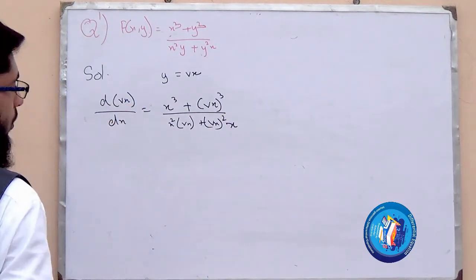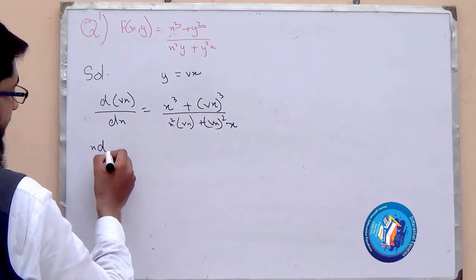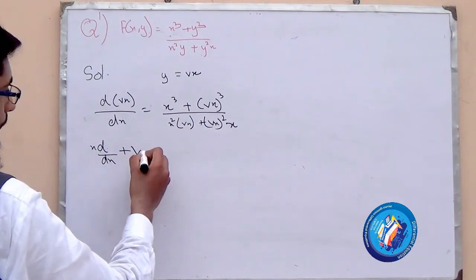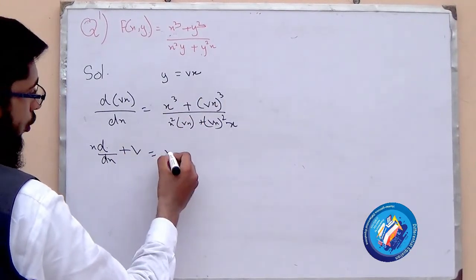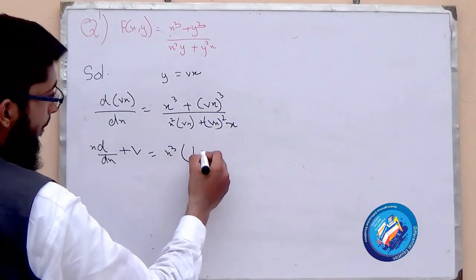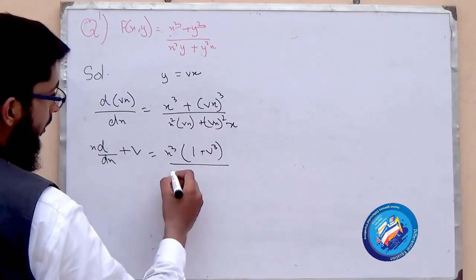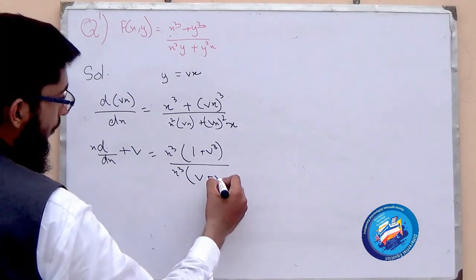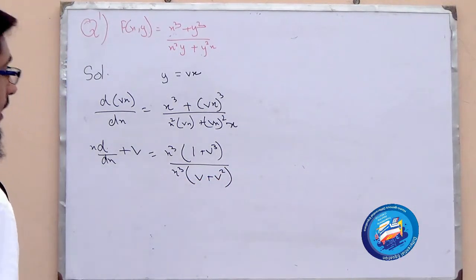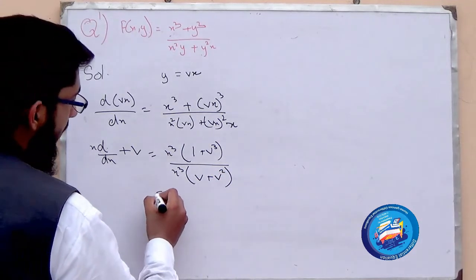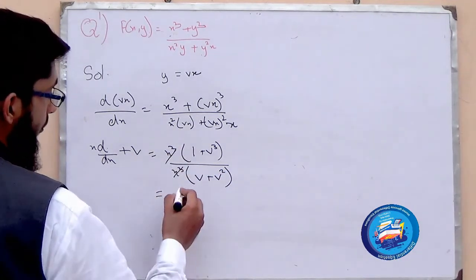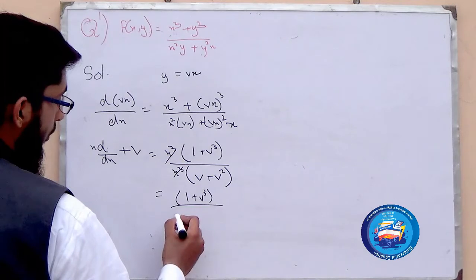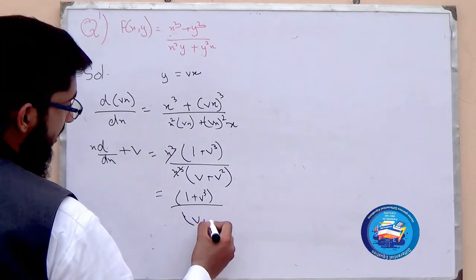By solving it by the product rule, we get x dv over dx plus v, and by taking x cube common, (1 plus v cube) over x cube (v plus v square). We will solve it by cancelling x cube over x cube, leaving 1 plus v cube, and taking v common in v plus v square.